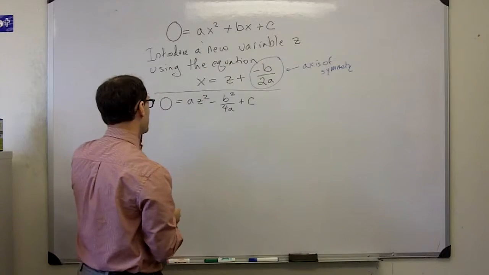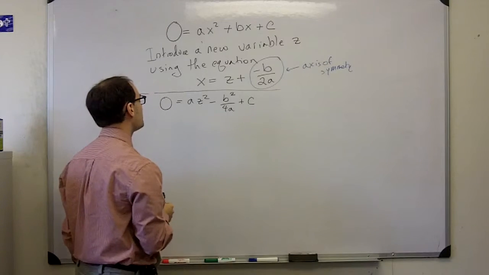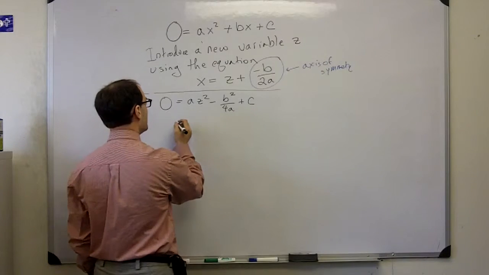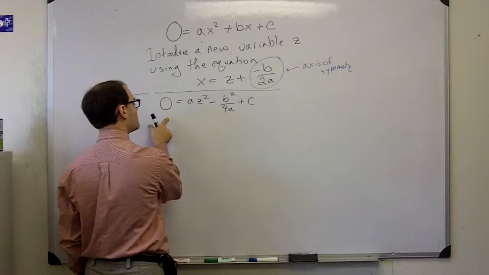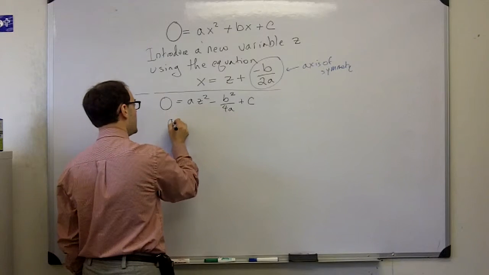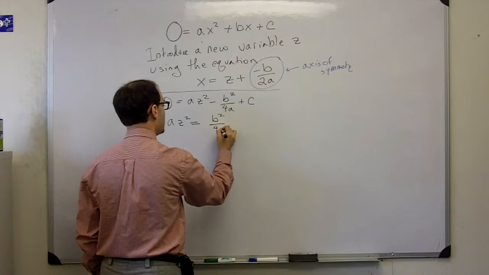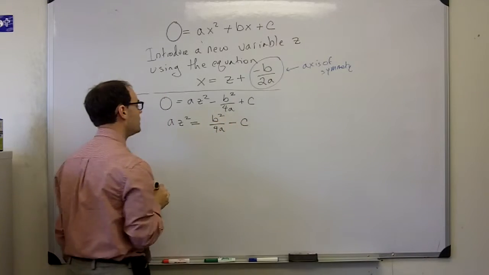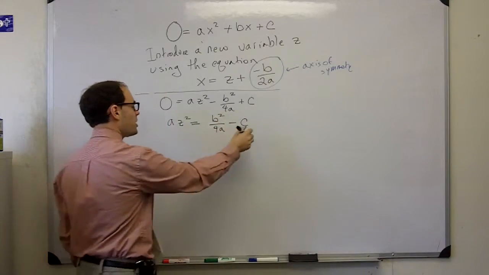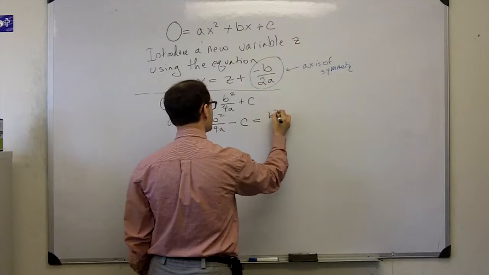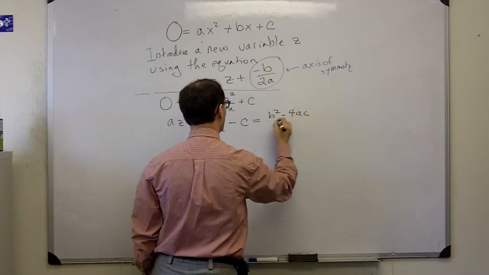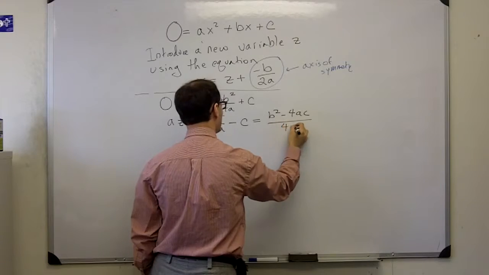What am I going to do? I want to solve for z, huh? Well, how do I do that? I guess I move all this stuff over to the other side. So I get a z squared is b squared over 4a minus c. Okay, let's put this on a common denominator. It's b squared minus 4ac divided by 4a.